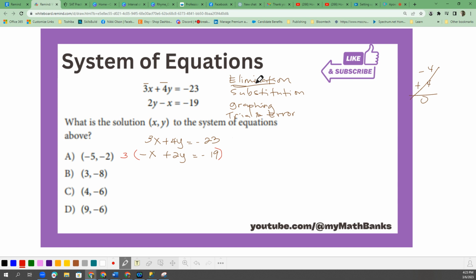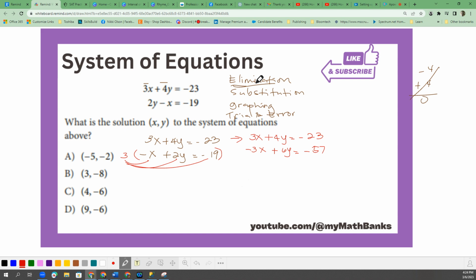For the first one, I don't have to do anything, so I'm just going to copy that: 3x plus 4y equals negative 23. Now, I'm going to distribute the 3 across the second equation, so that will be negative 3x plus 6y equals negative 57.